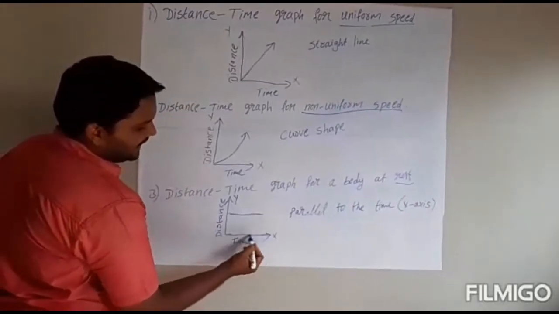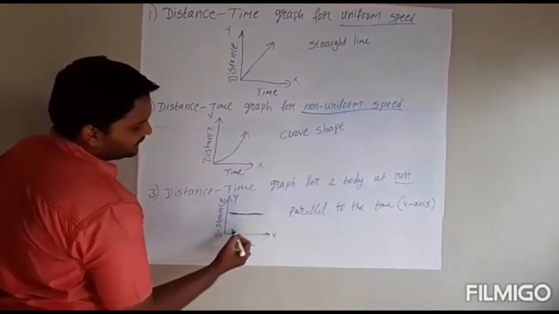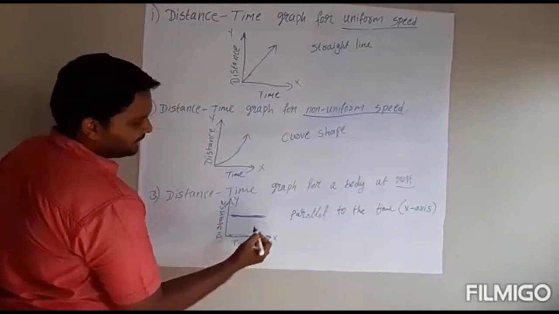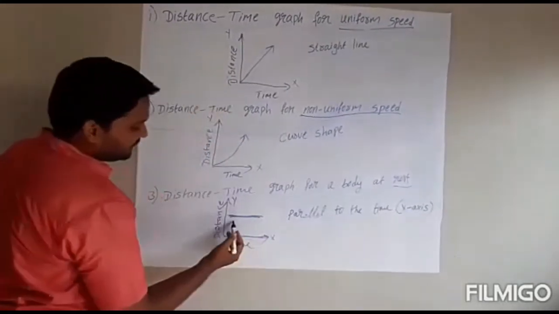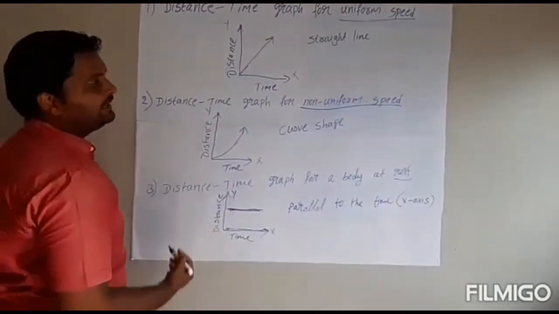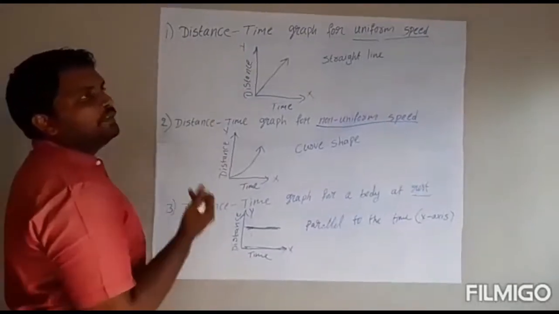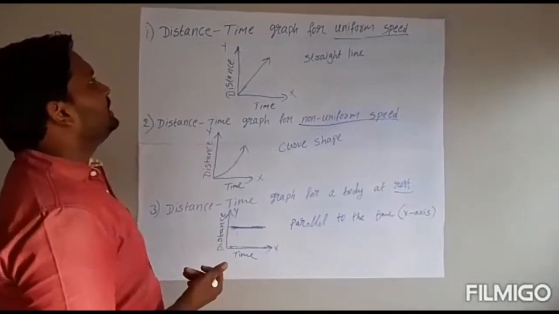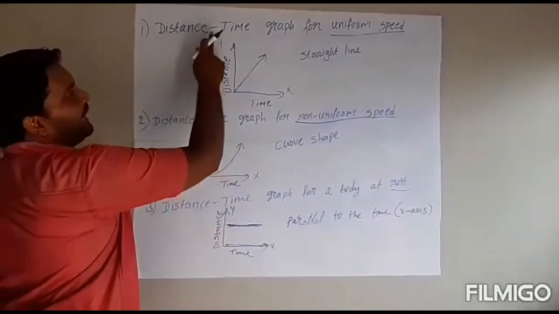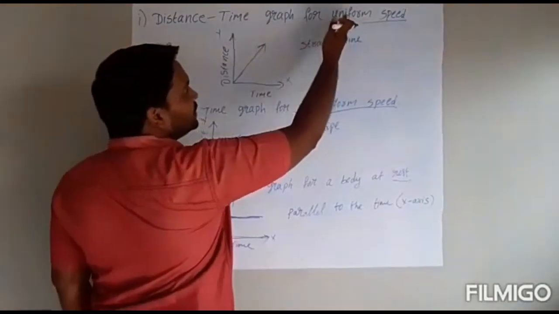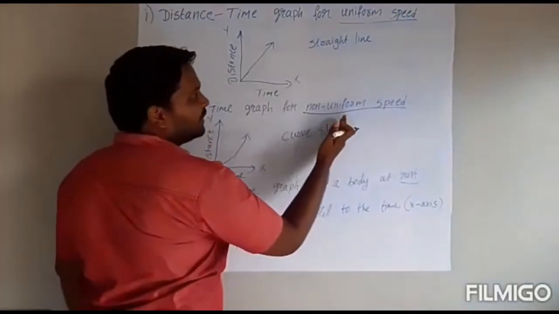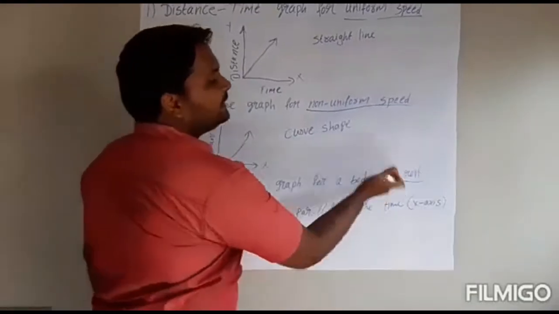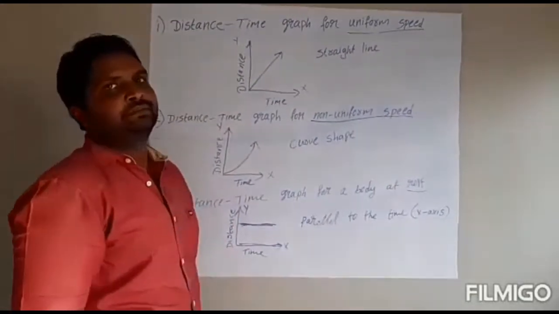This is the x-axis. So it is parallel to the x-axis. Otherwise you can say it is parallel to the time. This is the graphical representation of distance and time when it is in uniform speed, when it is in non-uniform speed, when the body is at rest position.